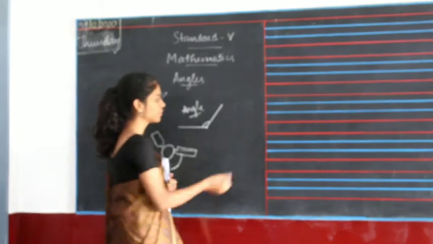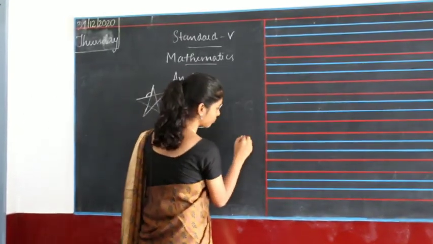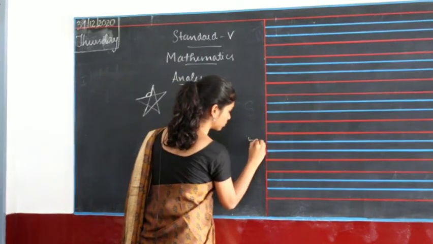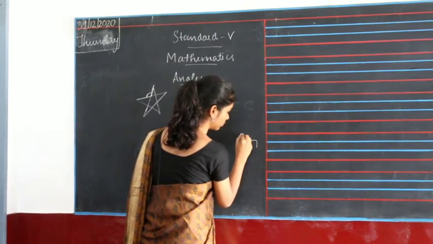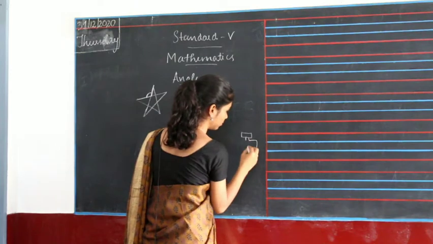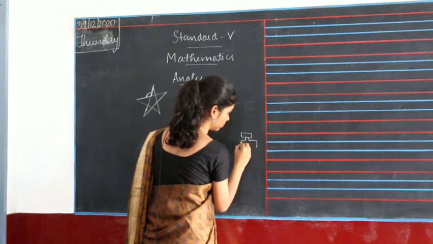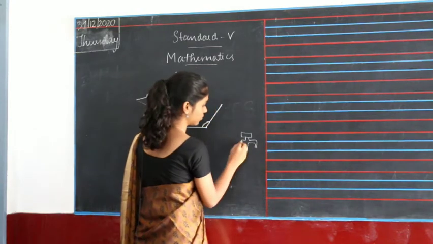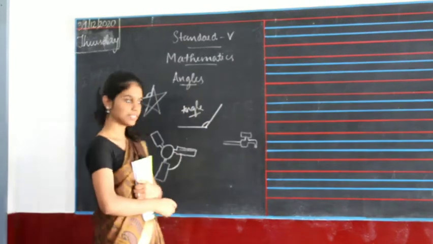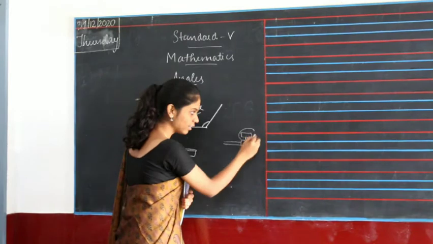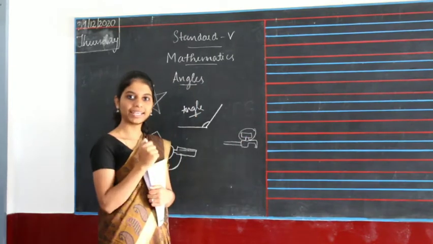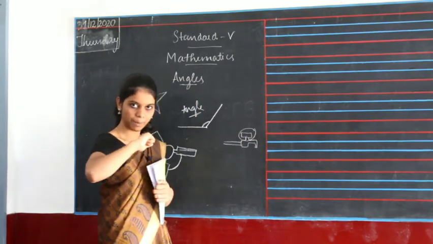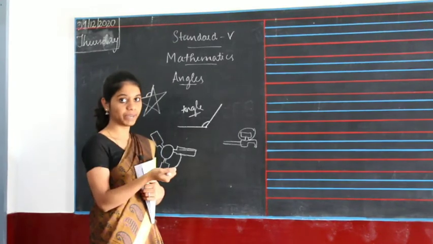So yeah, if you see a tap, if you are rotating it to open it, you will find an angle. You will rotate it to some point, so it will make an angle.